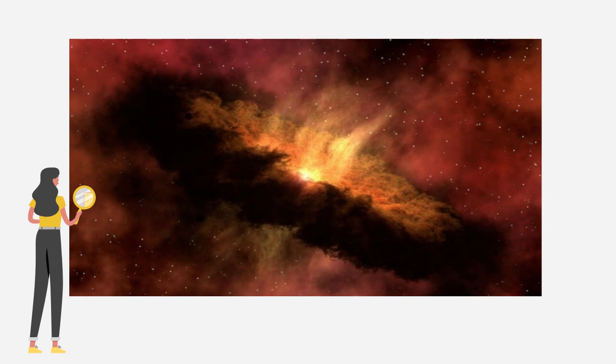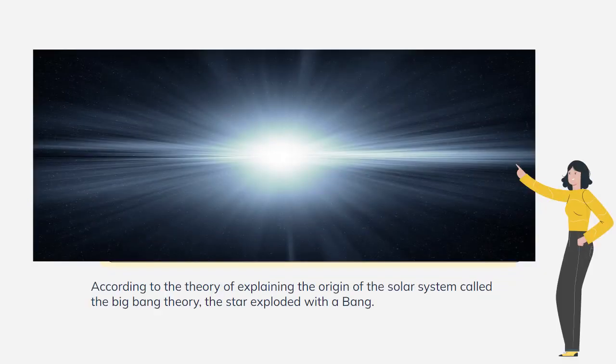It is believed that our solar system was formed when a cloud of dust and gas was disturbed by an explosion of a nearby star called a supernova. Next slide. According to the theory explaining the origin of the solar system, called the Big Bang theory, the star exploded with a bang. The result was the spreading of the dust of the cloud.